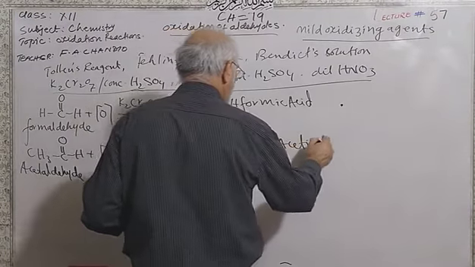So these are the reactions of oxidation of aldehydes by using Tollens reagent, Fehling's solution, Benedict's solution, potassium dichromate, concentrated sulfuric acid, potassium permanganate, concentrated sulfuric acid with the dilute nitric acid. These are the mild oxidizing agents to oxidize aldehyde into carboxylic acid.